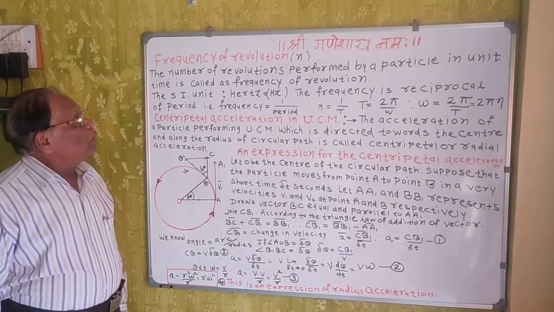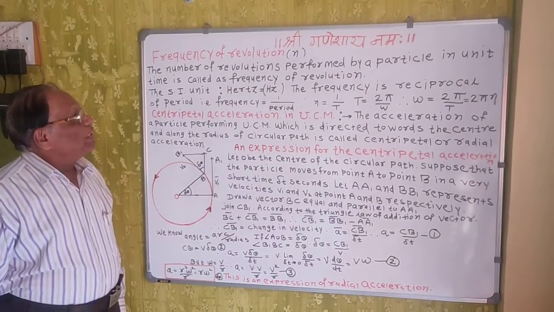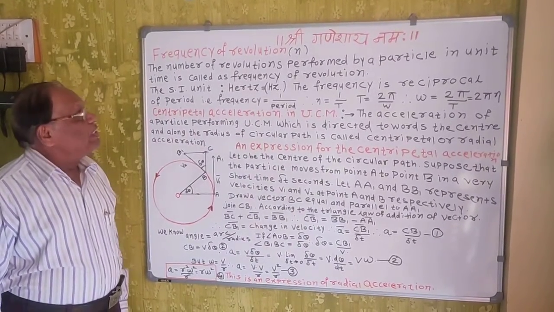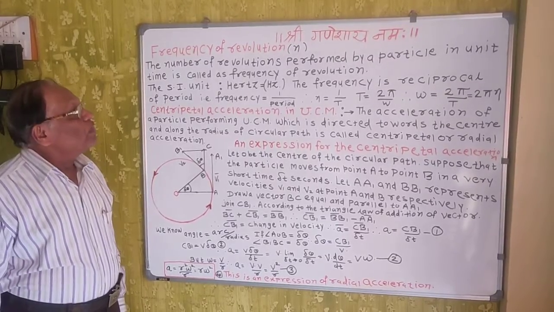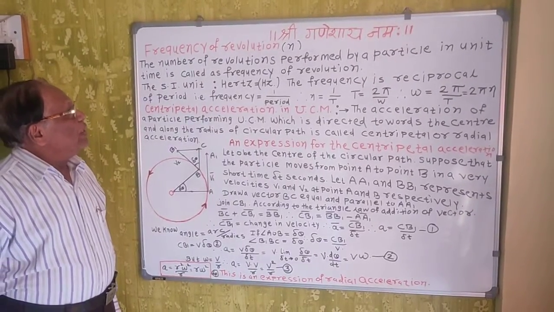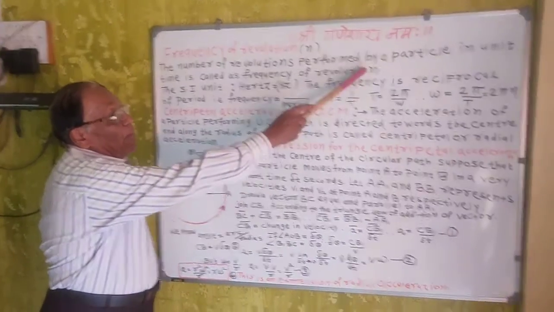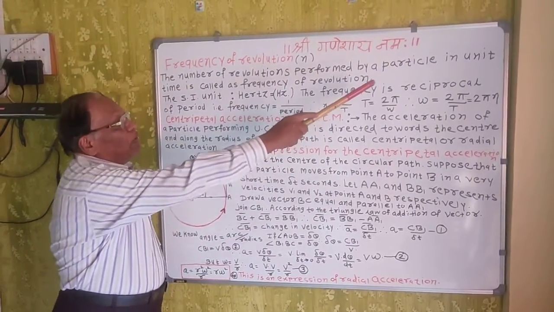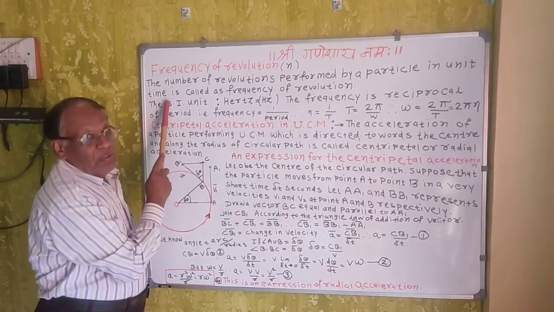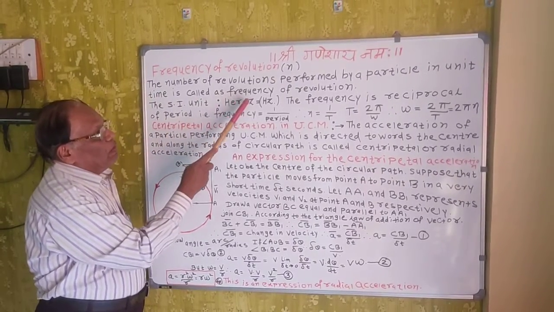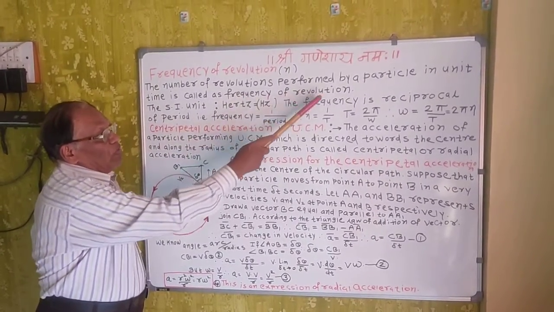Now we are going to learn the definition of frequency of revolution. The number of revolutions performed by a particle in unit time is called the frequency of revolution.